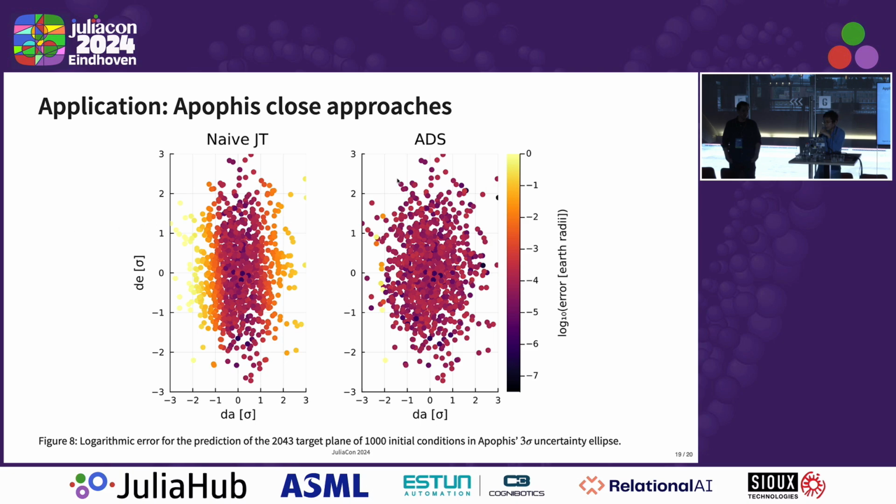So these are the most complicated initial conditions because of the accumulated effects of many past close approaches. So these points cannot be studied with neither a single polynomial nor with ADS. These have to be studied manually with Monte Carlo integrations. So although ADS cannot get rid of these points, it can improve the convergence over the whole uncertainty region.